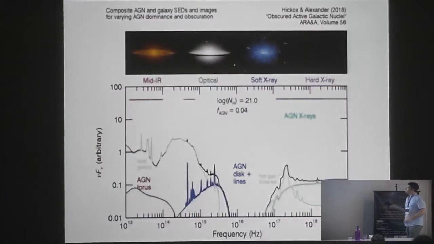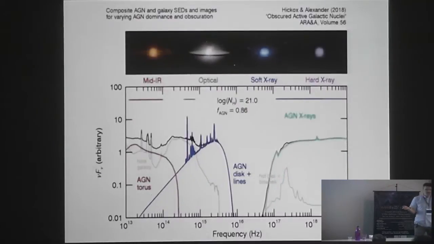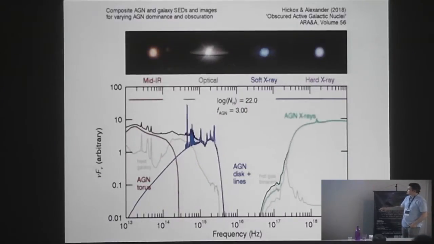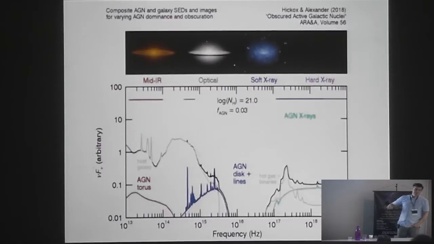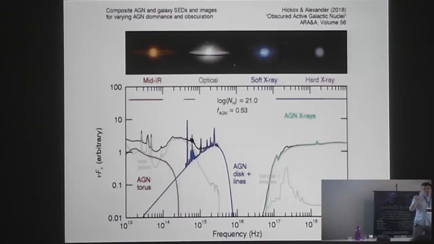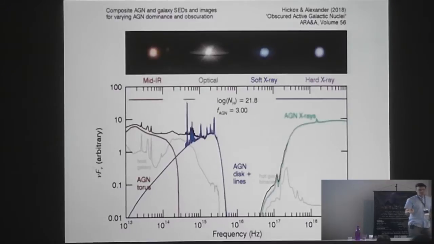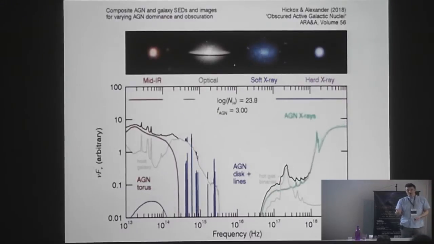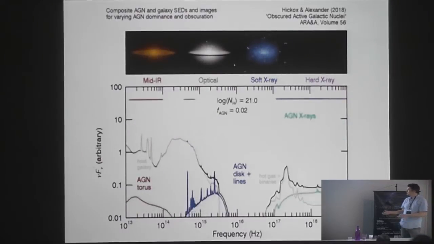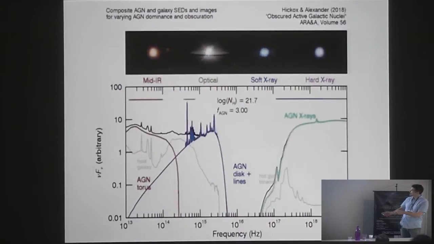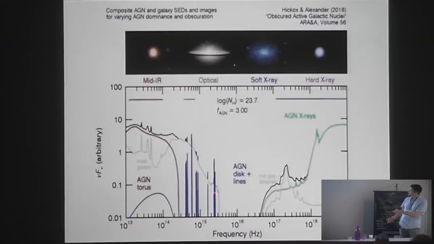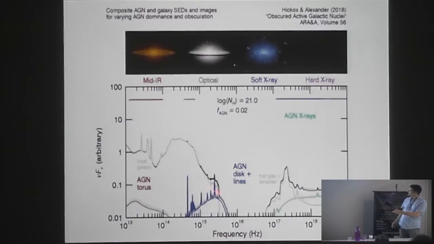Okay, so this is kind of a graphic showing essentially a host galaxy, which is seen here in gray, and embedded in it is an AGN. Initially the AGN is not very powerful at all, very low luminosity, and so you don't really see it, right? And so as you crank it up in luminosity, now here's a faint AGN.